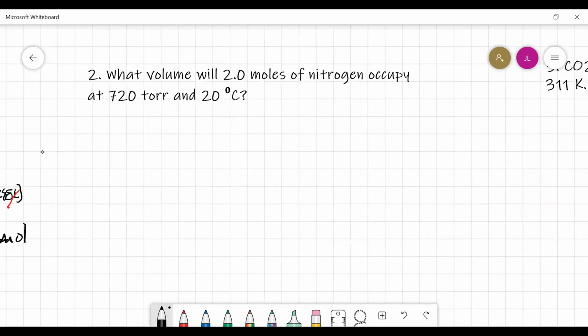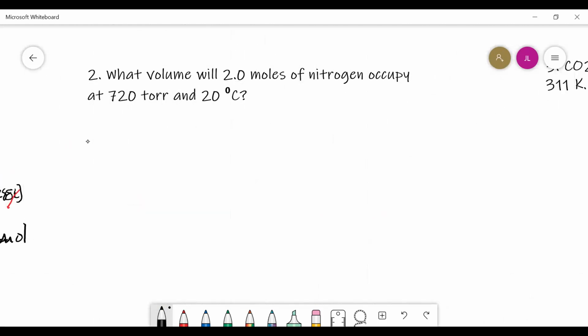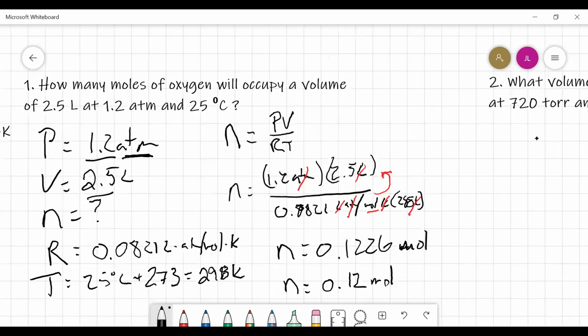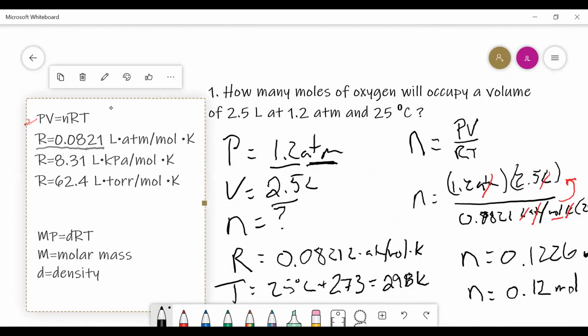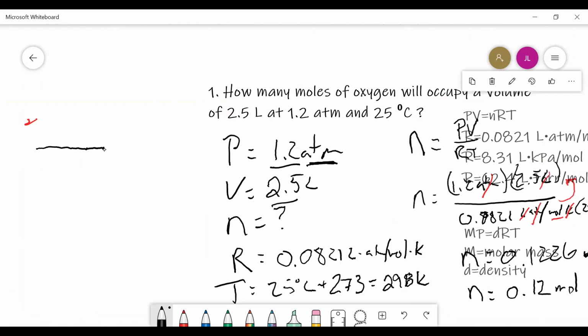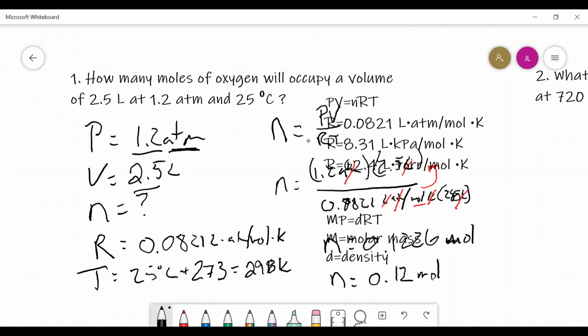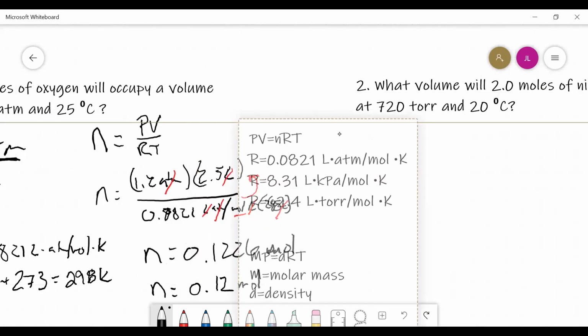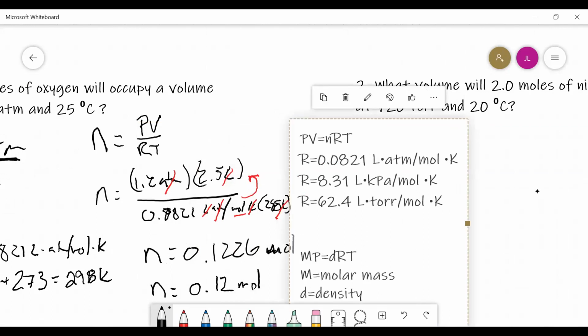Let's look at it a little differently. What volume will 2.0 moles of nitrogen occupy at 720 torr and 20 degrees Celsius? I'm just going to grab this and bring it all the way over here so we can see our R value.